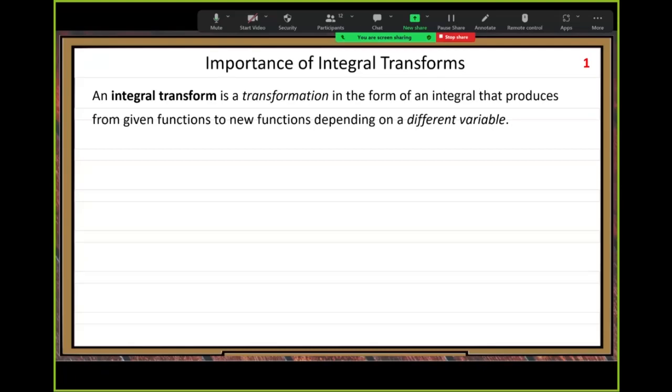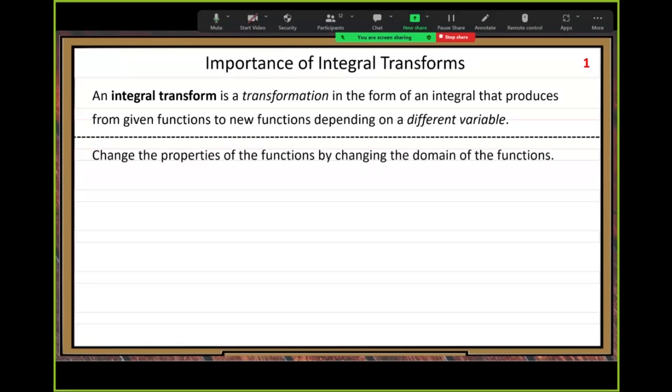That's the meaning of depending on a different variable. Before the transform, we use the T variable for our given functions, but after the transform, we use the S variable. That's for the Laplace transform. For the Fourier transform, we use other variables. That variable is not important, just a different variable.